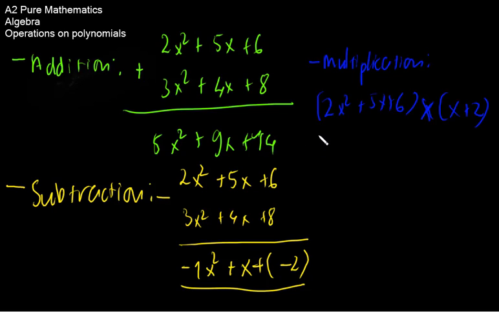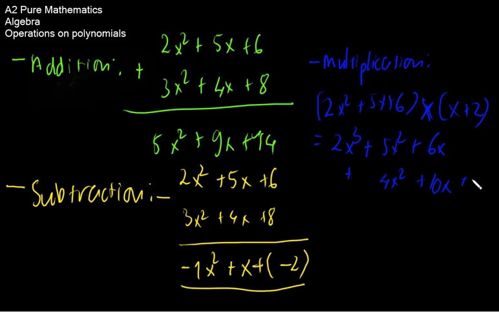So in this case, that would be 2x squared times x, that's 2x cubed. 5x times x, that's 5x squared, plus 6x. Now times 2, so 2 times 2 is 4x squared. 5 times 2, that's 10x.